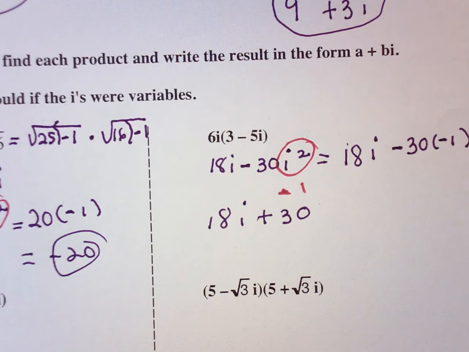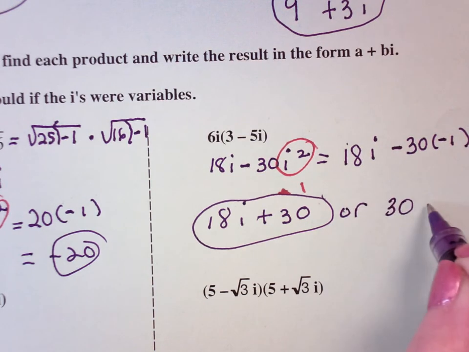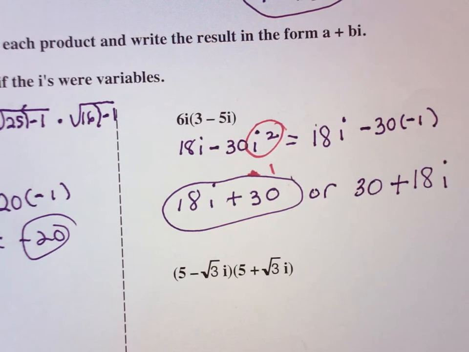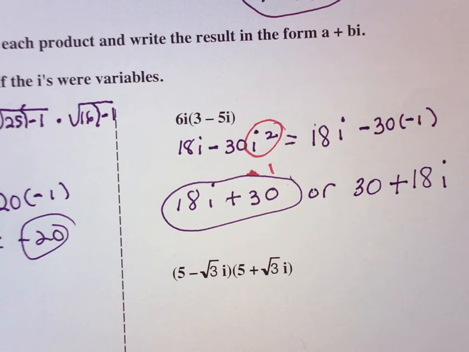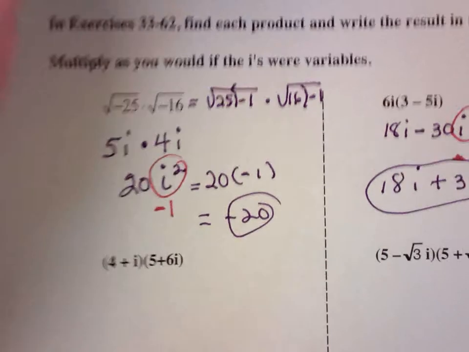That's where that came from. Now your book says a plus bi form, so they'd put the 30 in front and the 18 behind. I don't care. And now I can no longer tell you, if you tell anybody, I'll deny it. Why? Because you now have it on tape, right? And prove what I said.